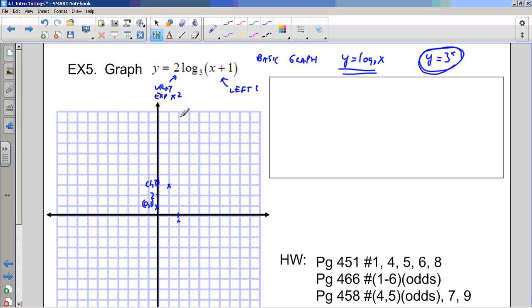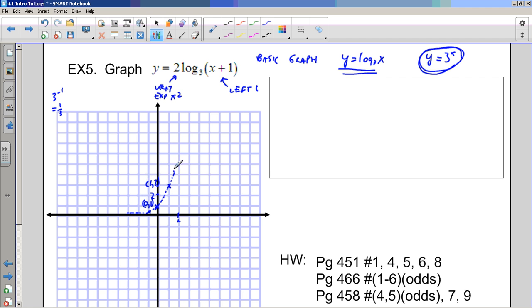This one's actually 9, which is up here somewhere, but I don't really care. What I do care about is there's a point over here that's a nice point, and it's -1 and the flip of the base, right? -1 and the flip of the base, 1/3, so 1/3, and that's how I get my basic exponential function, right?